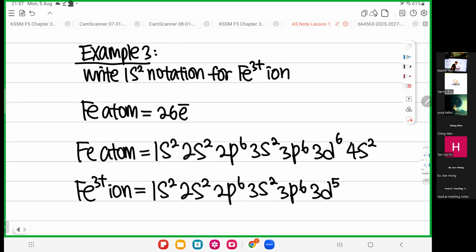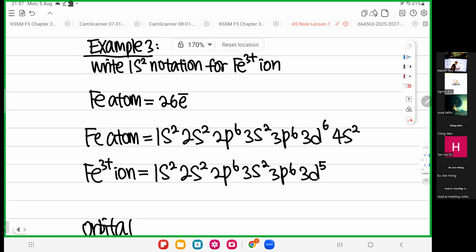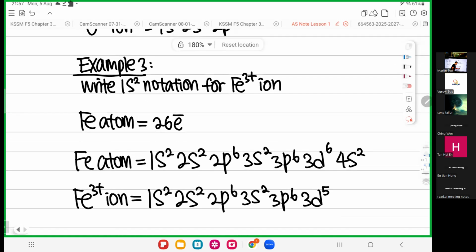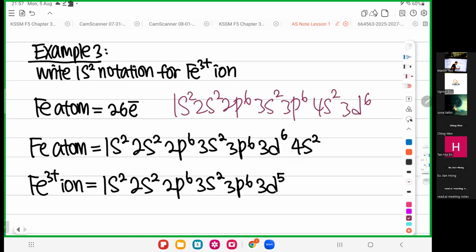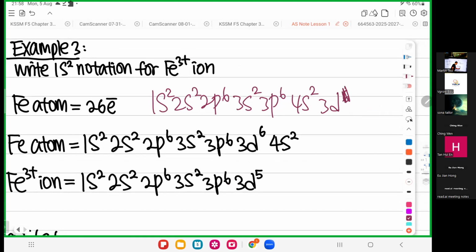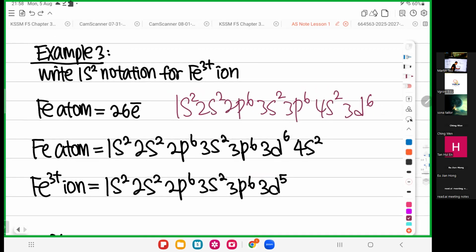Because before beautification, you will write this 1s2, 2s2, 2p6, 3s2, 3p6, 4s2, and 3d6. Okay, this is what I wrote, right or not? So you cannot donate 3 electrons from here directly, because you're not yet beautified. My apology. Beautify the whole thing first, then only you donate or receive electron.